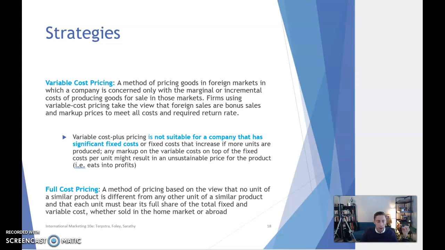And so if you're dealing with high production or variable production costs, tariffs and currency issues, or you're dealing with a lot of middlemen that will have added markups, you would have variable price. It's not suitable when a company has high fixed costs because you may not have a product that's competitive.